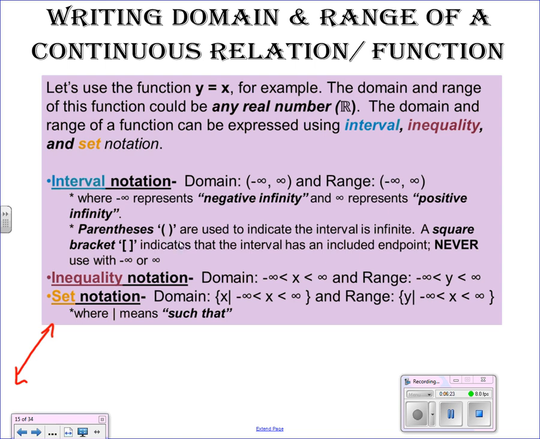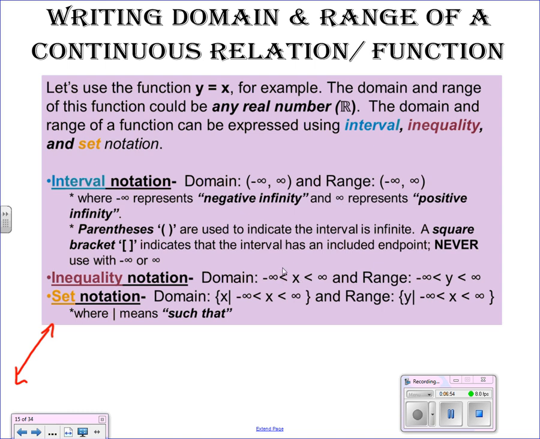When you're using interval notation, sometimes you would use brackets if you have a definite stopping or starting point. So that might also be possible. And if you don't have a definite endpoint, then you would use parentheses. Again, I'll demonstrate in just a second. For inequality notation, use the same symbols as interval notation, but you also use the less than symbol most of the time.